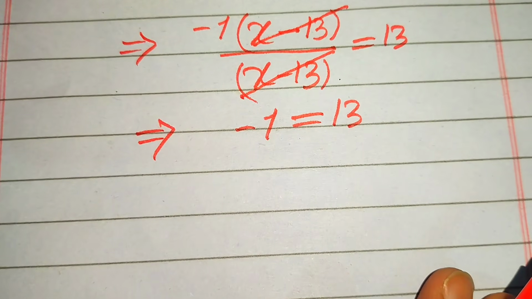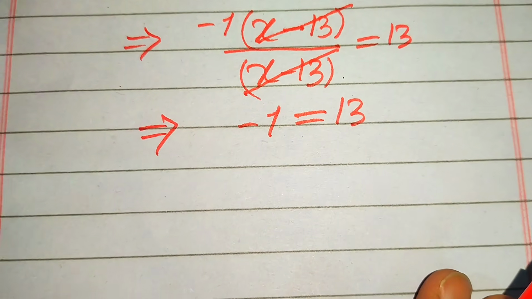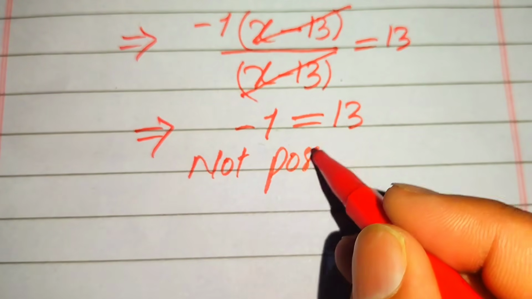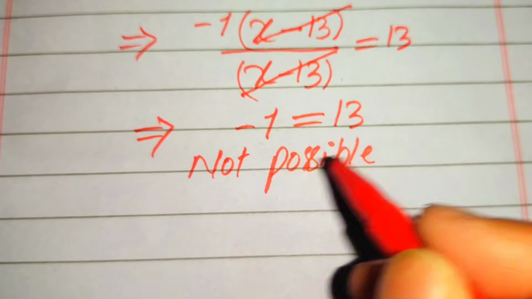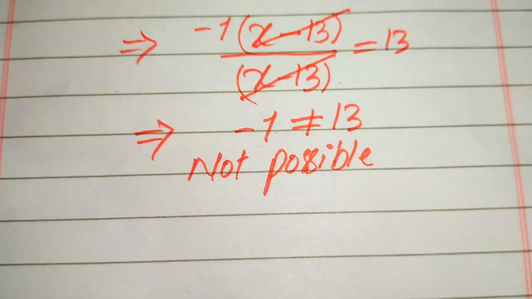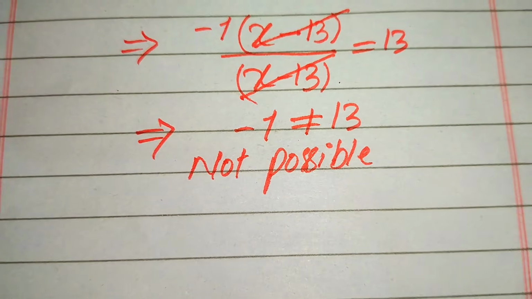And now you see here minus 1 equal to 13 is not a possible case. It is not possible that minus 1 equals 13, because in general these two values are not equal.